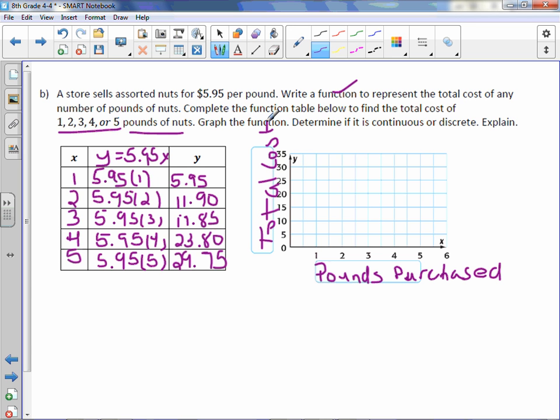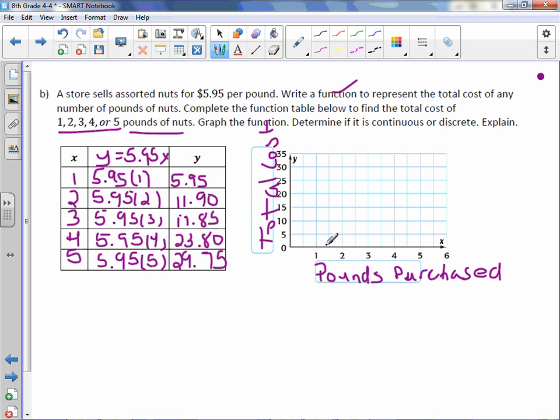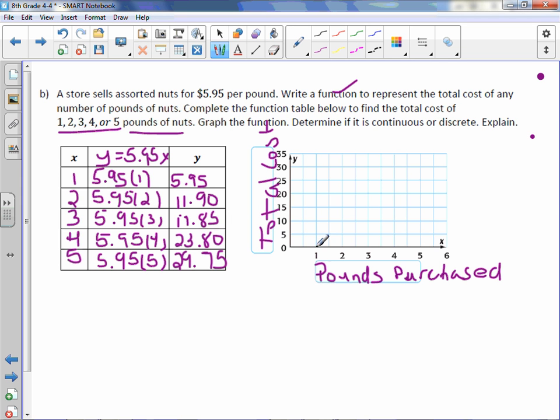So we have 1 pound would be $5.95. Let's replot that here. Let's do a little bit thicker of a line. Maybe too thick. Okay. So 1 would be $5.95. 2 would be $11.90. 3 would be $17.85. 4 would be $23.80. And 5 would be $29.75.